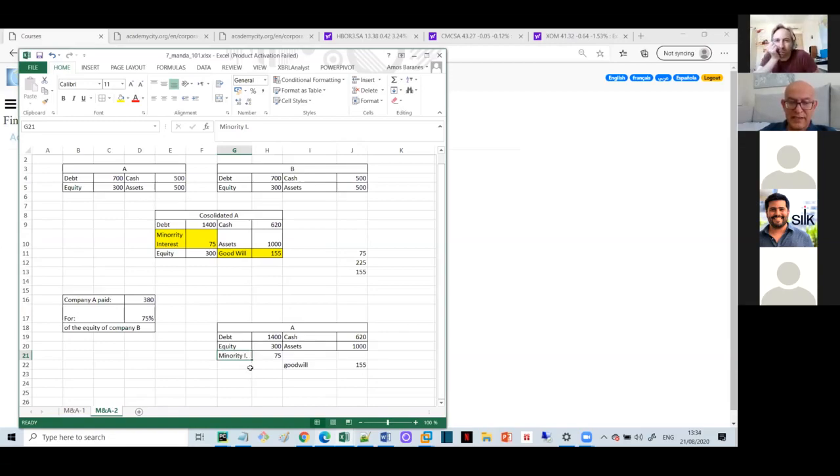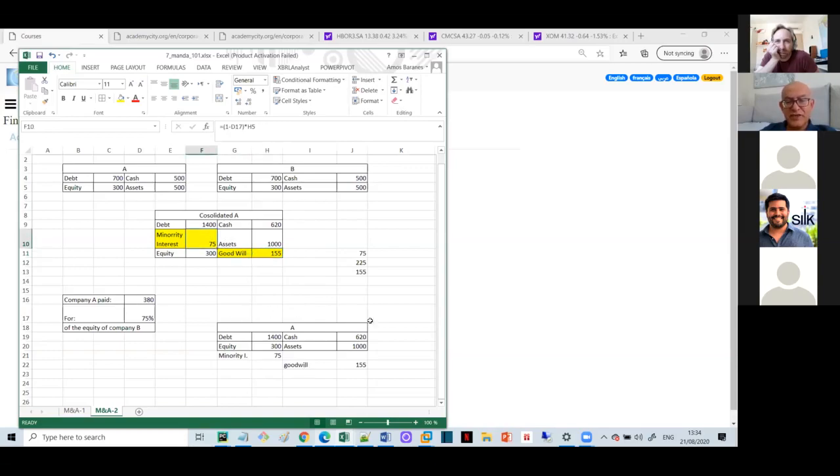So maybe the title, by the way, it used to be only minority interest. After the IFRS came, they allowed different titles, but it means the same thing. So substantially what really happened when company A acquires not 100% of another company, we usually will see 2 more accounts, goodwill and minority interest.